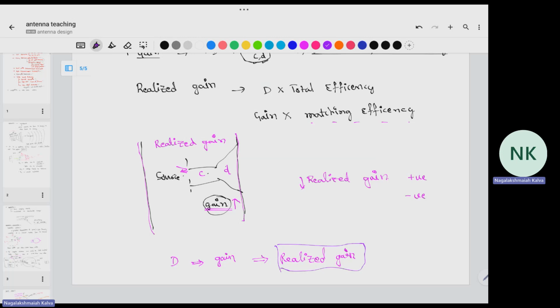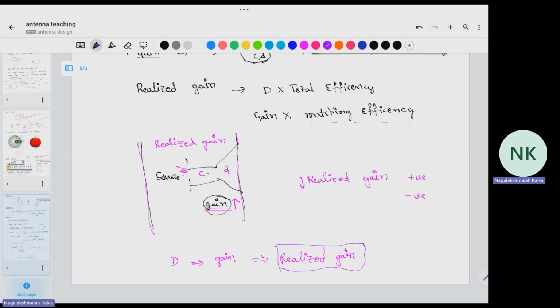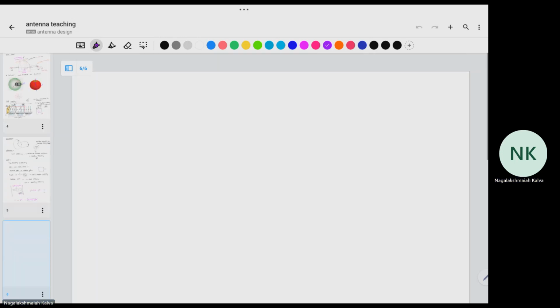The last parameter which we are going to discuss is bandwidth.